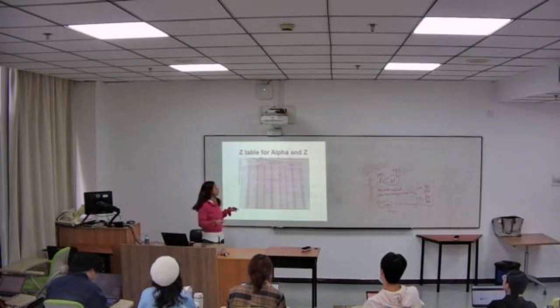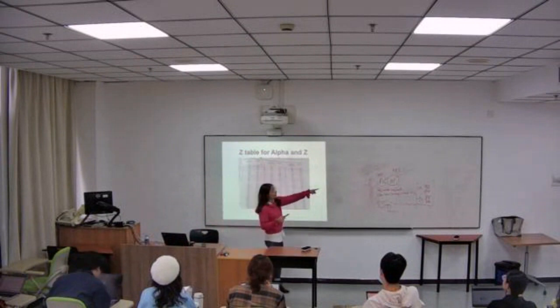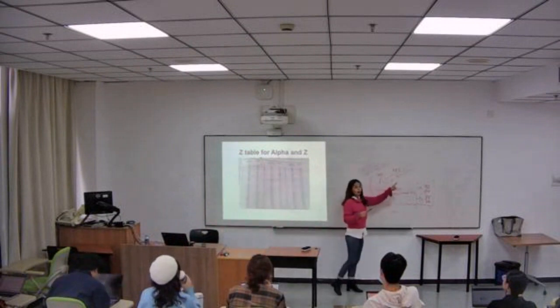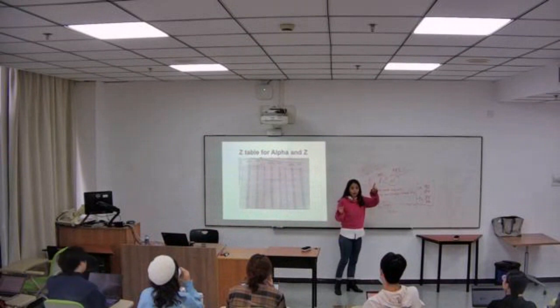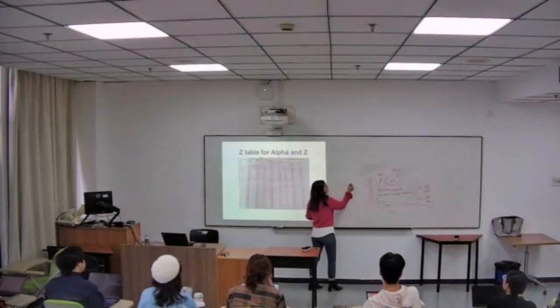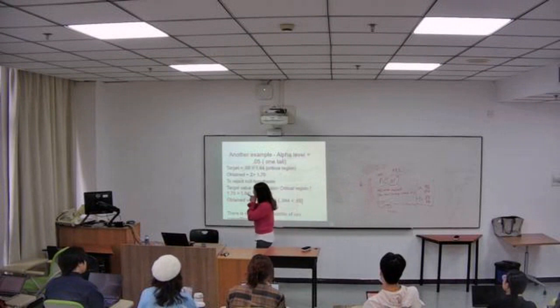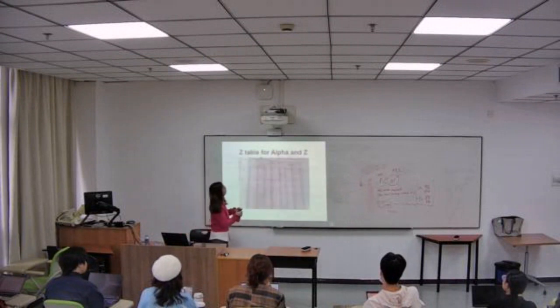You just Google Z. So P value for 0.01 means top 1%, right? Remember the Z score, we did that.